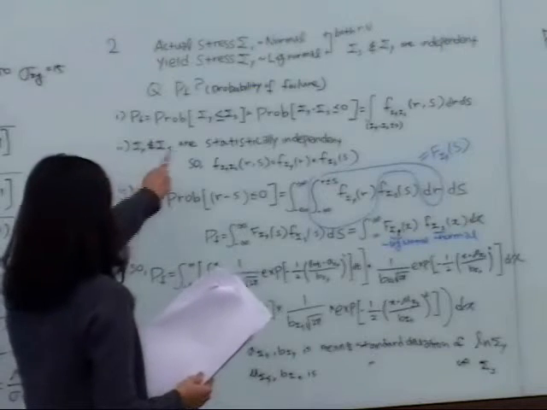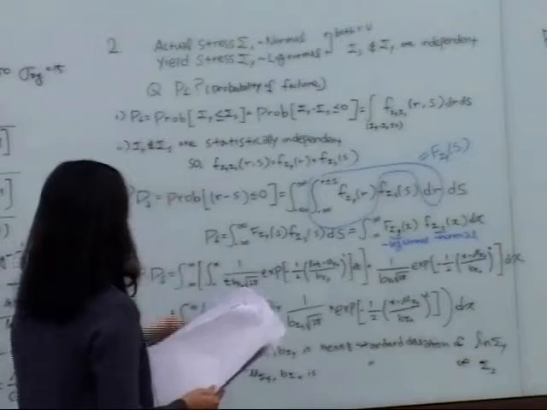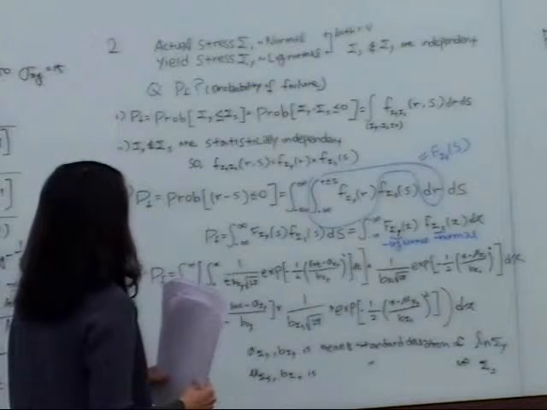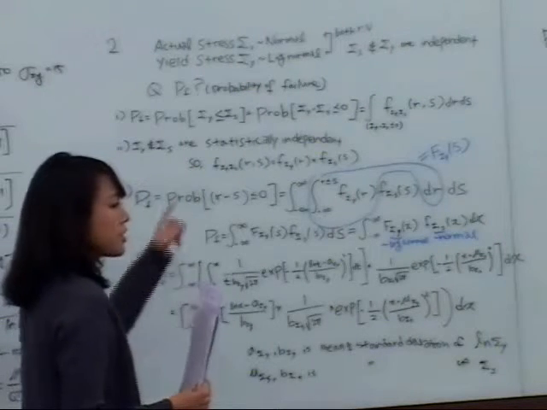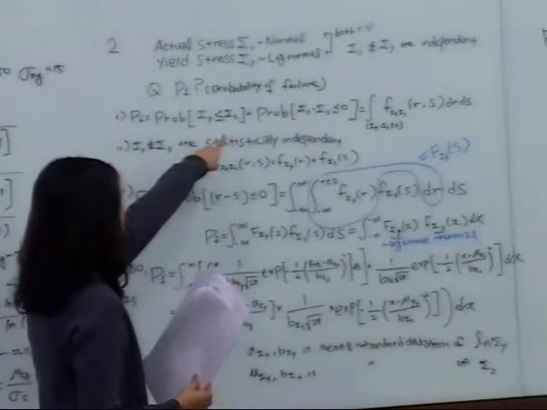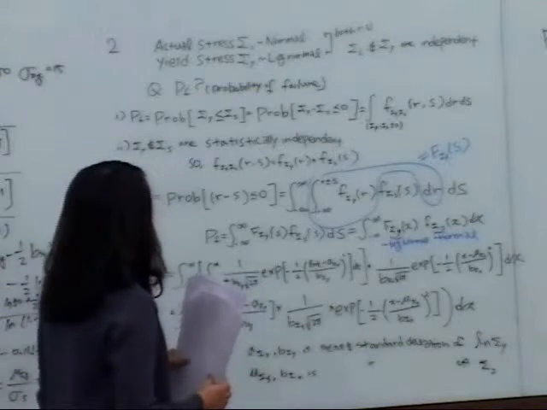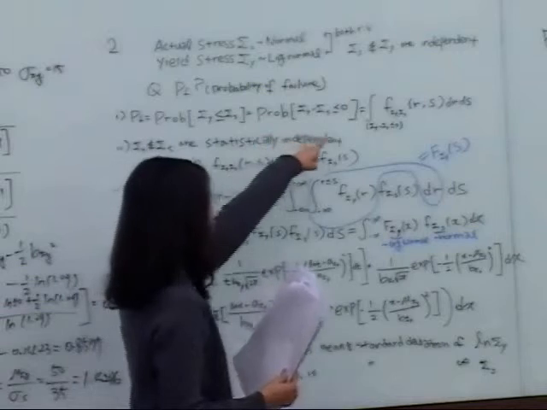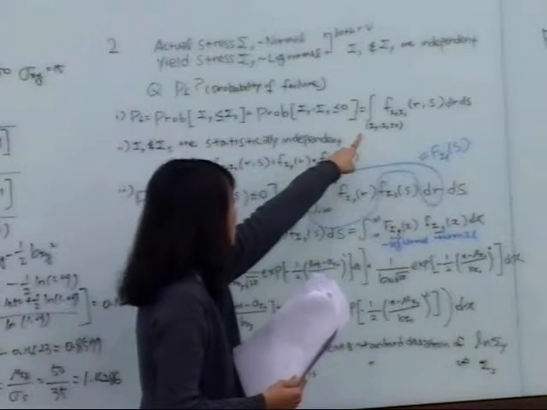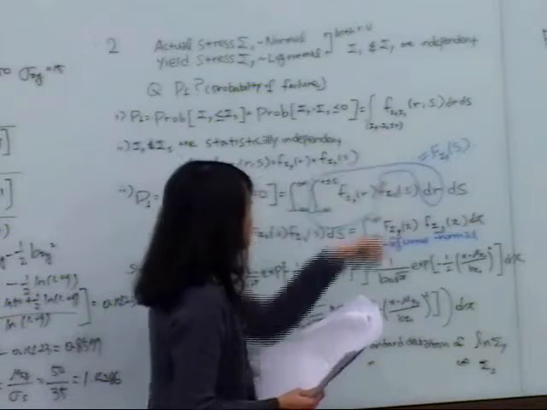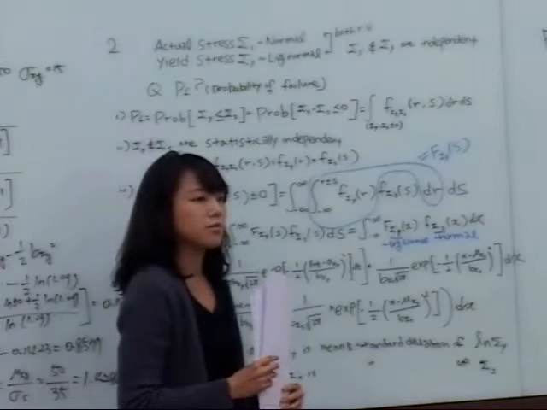Define the PF. PF is equal to the probability that the yield stress is smaller than the actual stress. And this PF is equal to the integral of f of sigma y, sigma s, which is jointly distributed.